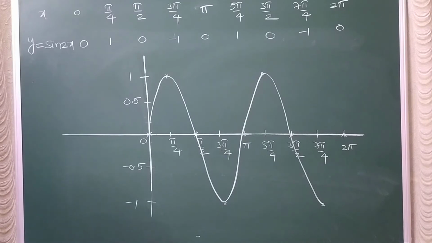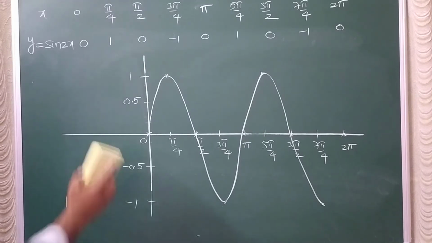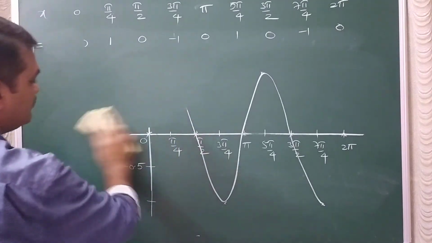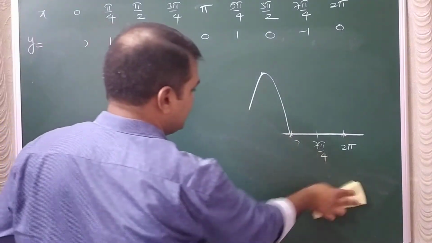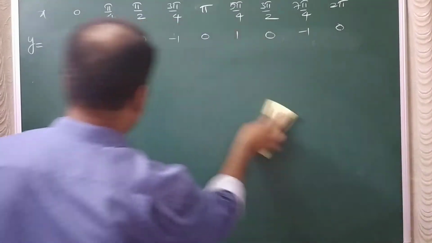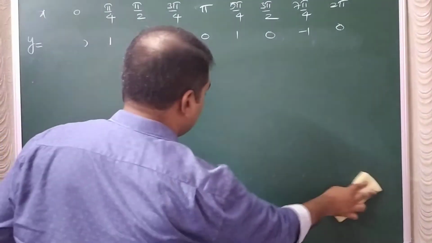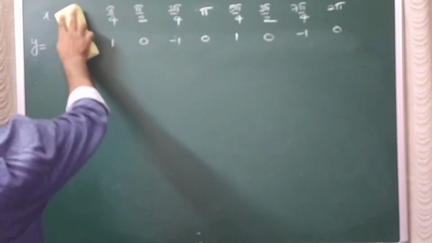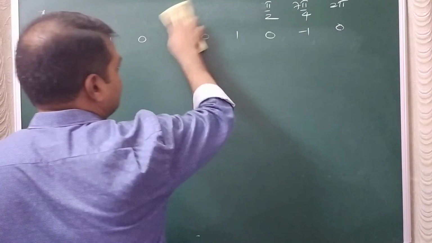Now let me consider the graph of y is equal to cos 2x now. So I will change the interval of x values also.